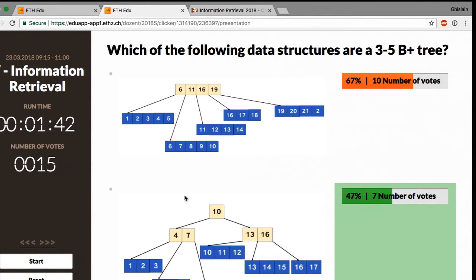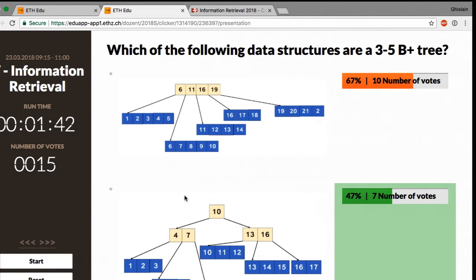Yes. Well, we have then 6. We would have 6 children if we had attachment. Yes, exactly. So it's this trick that I told you about, the intervals. We basically say if we have a 3,5 B plus tree, this is the interval for the number of children.